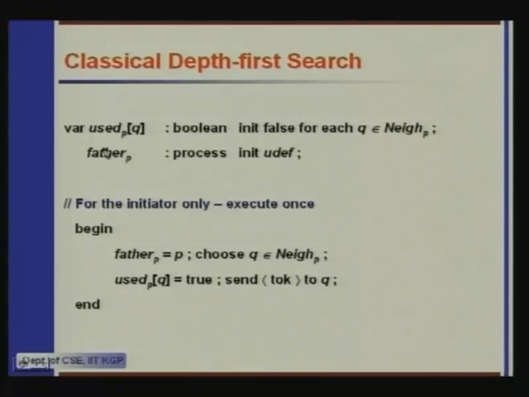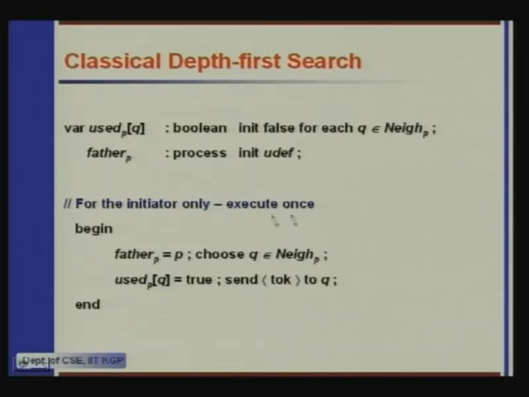That is how I am going to use this array to indicate that I have already used the neighbor q, and I will have the identity of the father, which again is going to get defined as the algorithm proceeds.